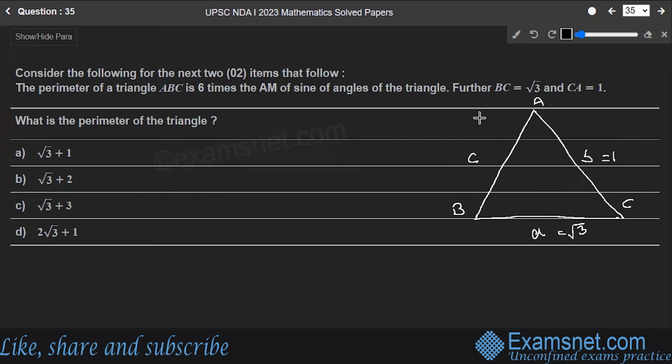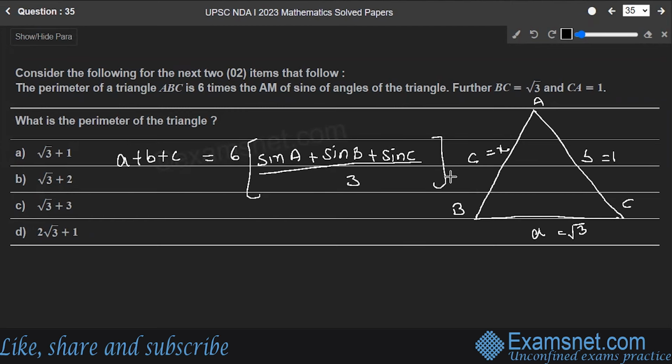Nothing is given about c, so let's assume c to be x. The perimeter a + b + c is 6 times (sin A + sin B + sin C) divided by 3.